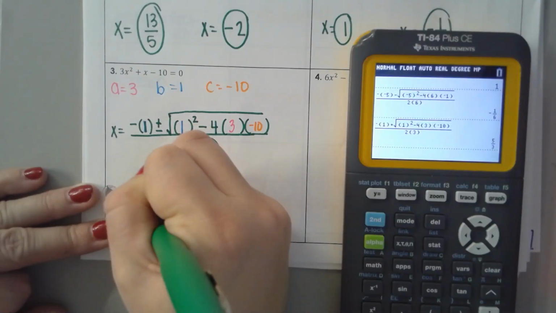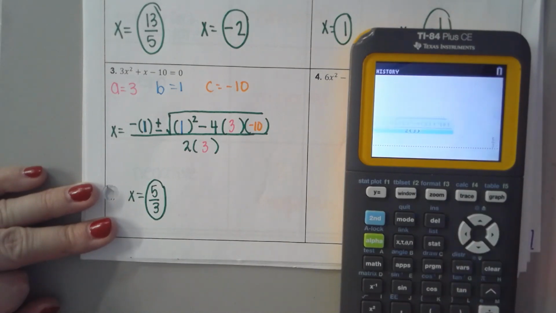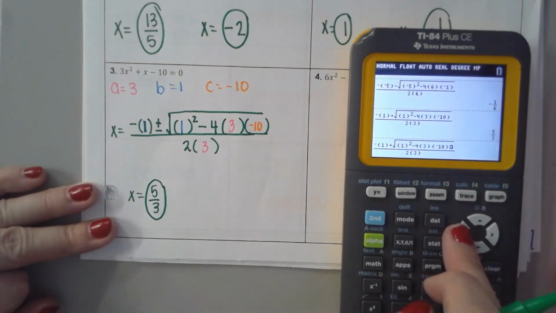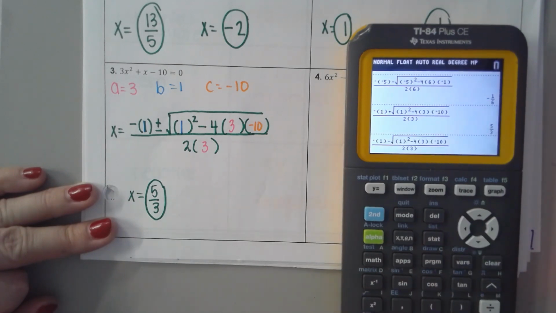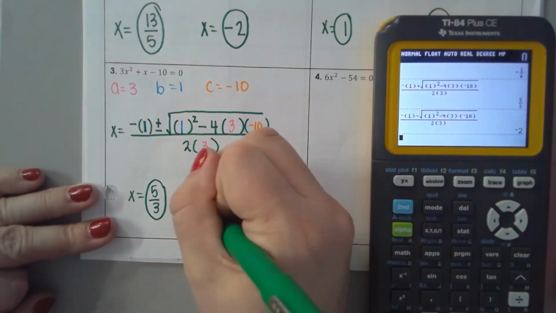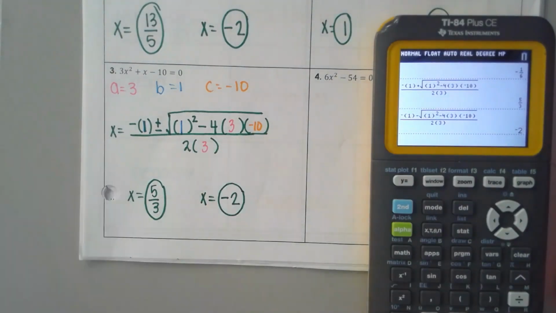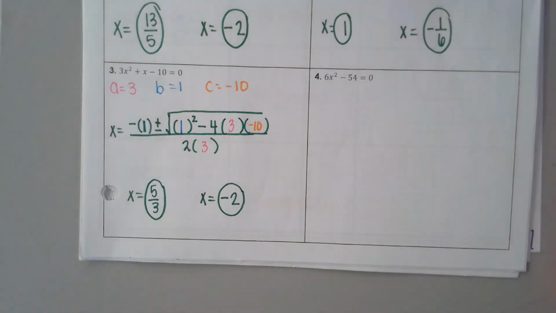So you get 5/3. And then if I highlight and go back and change it to a minus, we get x equals -2. I got that one now.